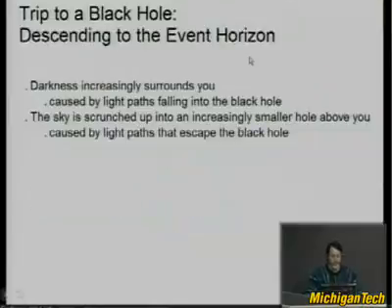All right, so let's keep descending toward the black hole, descending to the event horizon. As you descend, the visible universe will scrunch up on top of you, in the direction opposite the center of the black hole, and blackness will be the rest of the way. First, the black hole is just a circle of blackness in front of you. Then when you hit the photon sphere, half of your horizon is black.